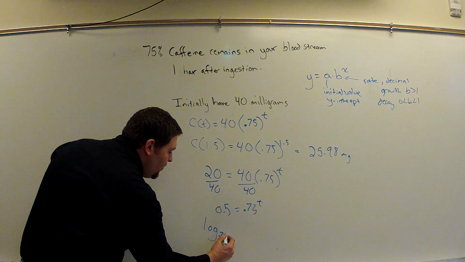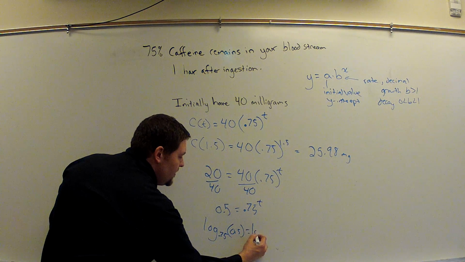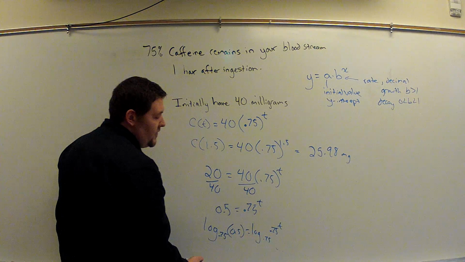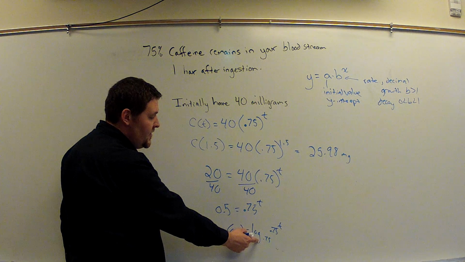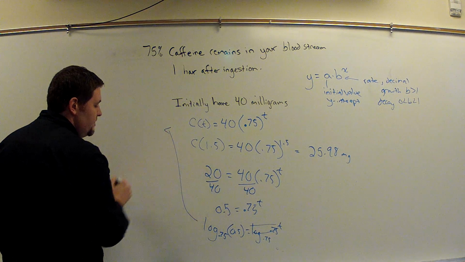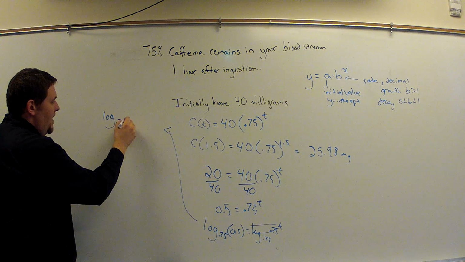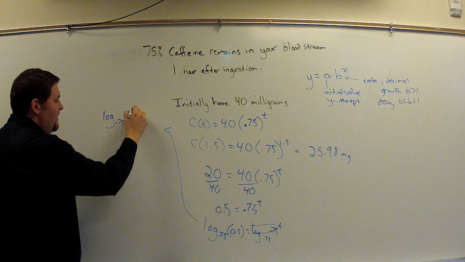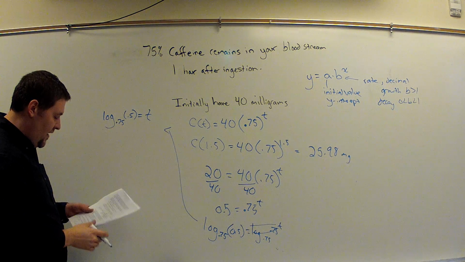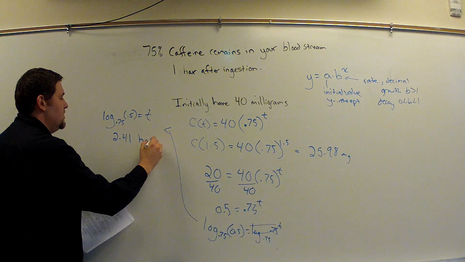So logarithm base 0.75 of 0.5 would equal the logarithm base 0.75 of 0.75 to the t power. The reason I chose this logarithm is because of its inverse. So these are going to be inverted and give you t. So I'll write that up here. I now have the logarithm base 0.75 of 0.5 equals t. If I find this value, I'll find that the time is approximately 2.41 hours.